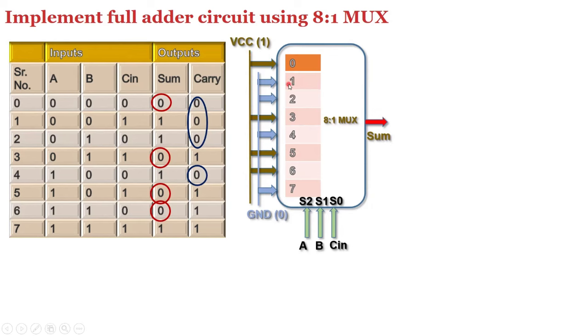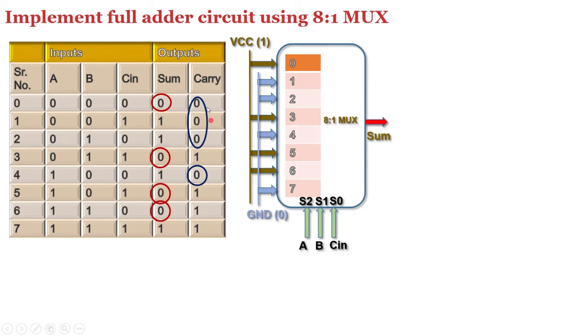The other 1, 2, 4, 7, the remaining ones, have to be tied to logic 0, that is ground. So this is just the opposite of the previous slide, in which we implemented positive logic. Now here, using negative logic, we are doing the same function.